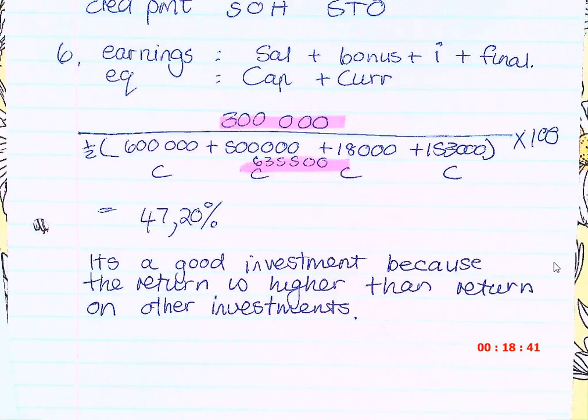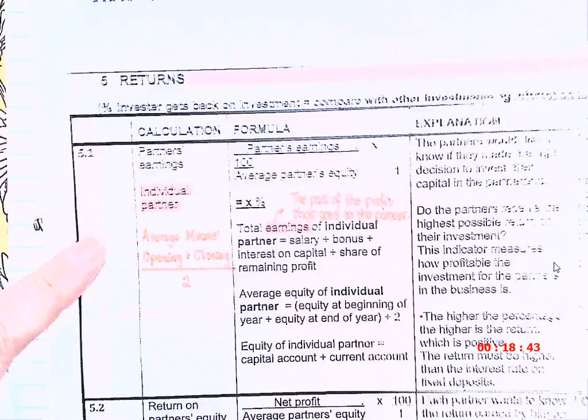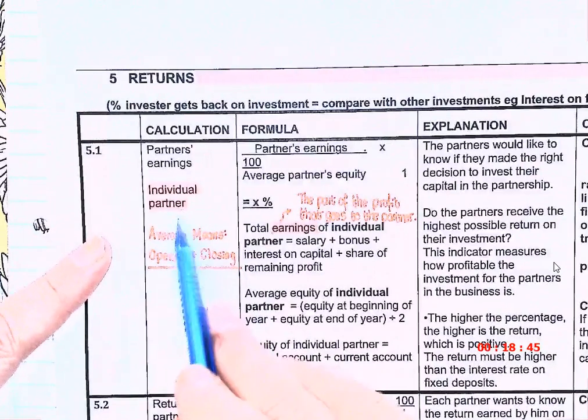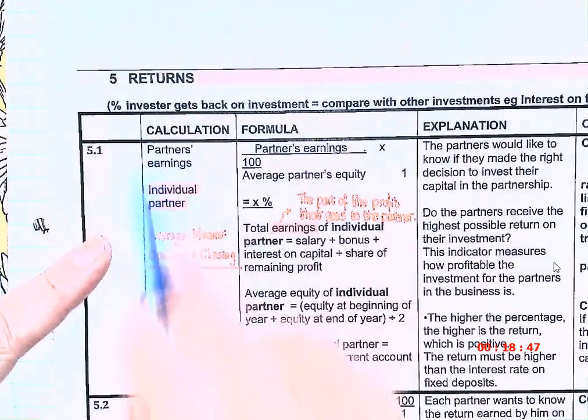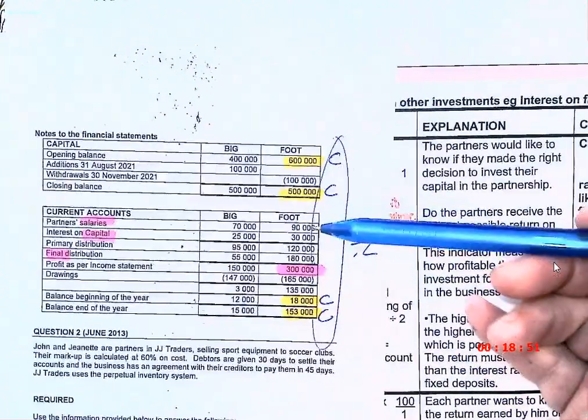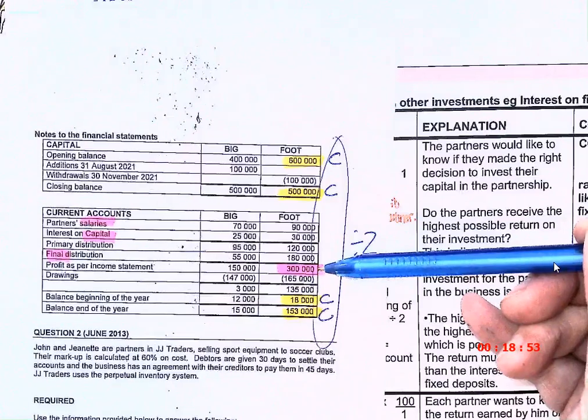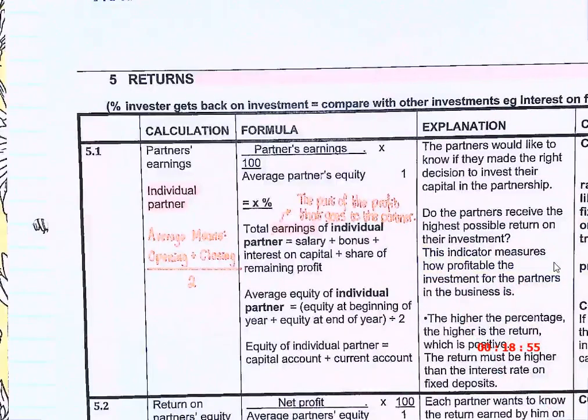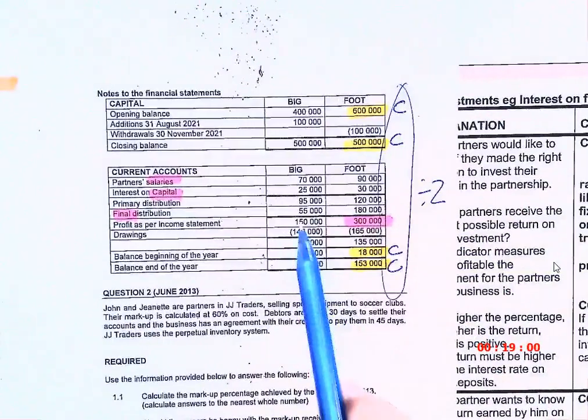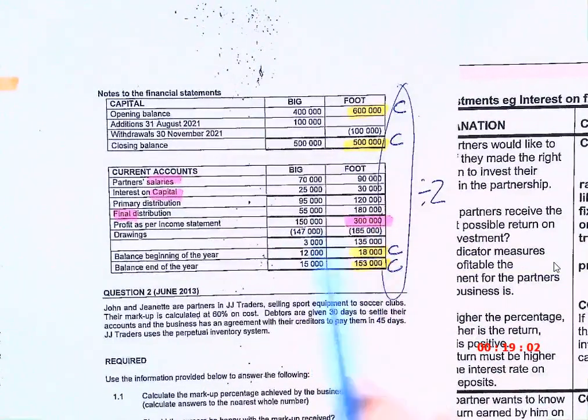So what Mateo is asking me is why am I using this one and not this one? I am using this one because the earnings, if you look here, I only took the 300. If I did this one, I want the whole net profit, so I would have used the 450. I would have added those two.